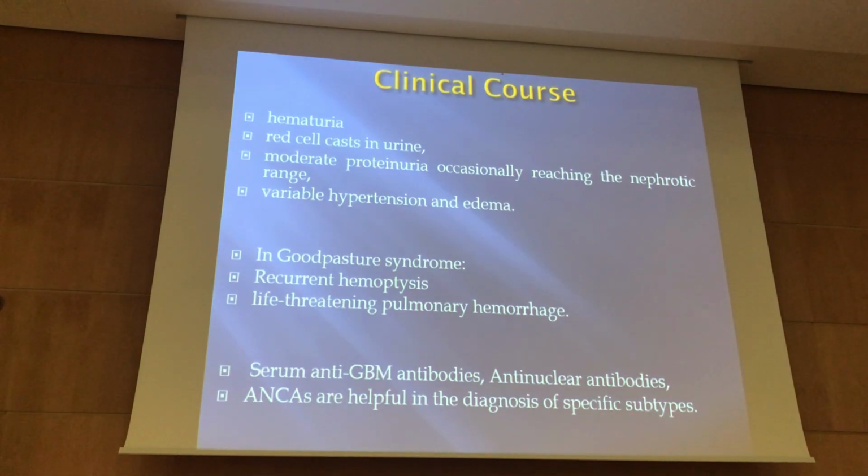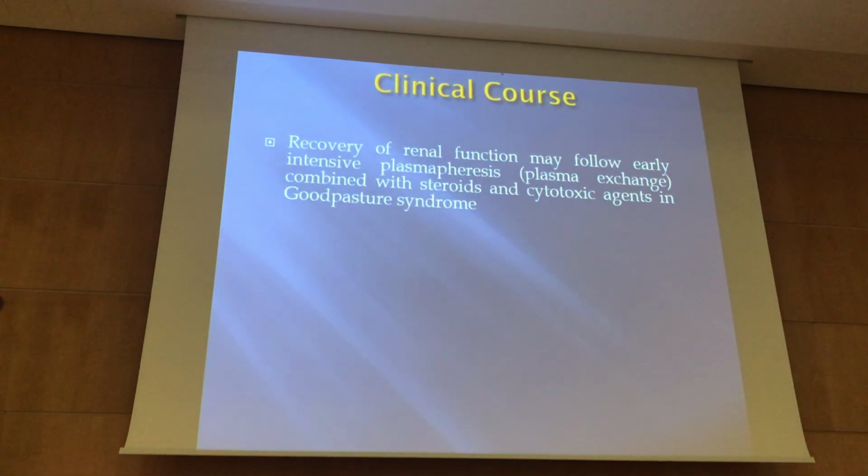And then finally, how to confirm? We do serum anti-GBM antibodies or serum antinuclear antibody or ANCA, which are helpful in diagnosis of the specific type, right? Now for anti-GBM disease, for example Goodpasture syndrome, you normally do plasmapheresis. What is plasmapheresis? You put blood in from one hand and take blood out from the other one.